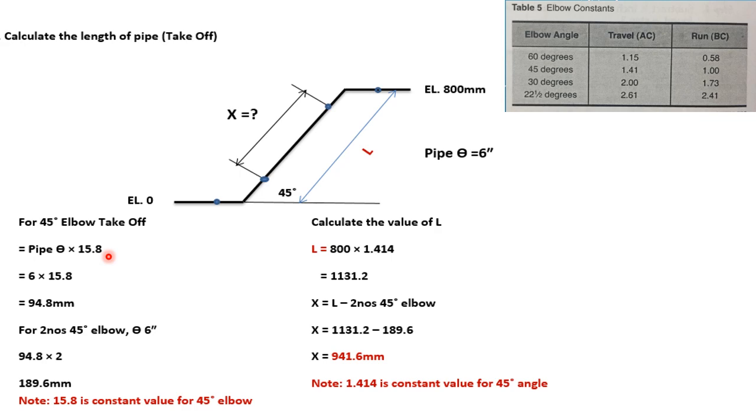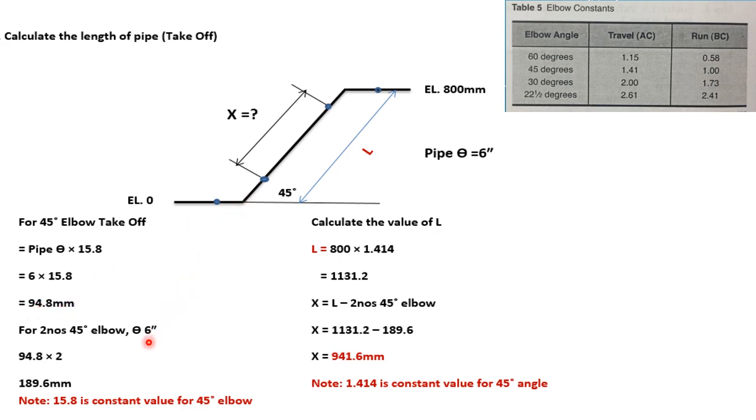You have to memorize it. Now the next step: the pipe size is 6 inch. We keep 6 inch here times 15.88, equal to 94.8 millimeter. This is the measurement for one elbow.